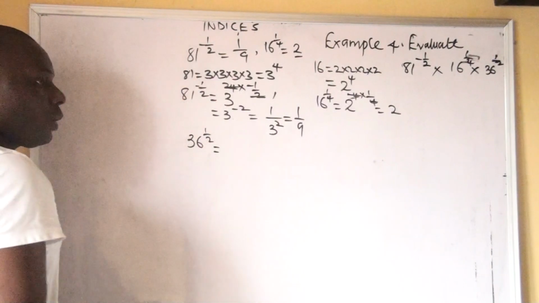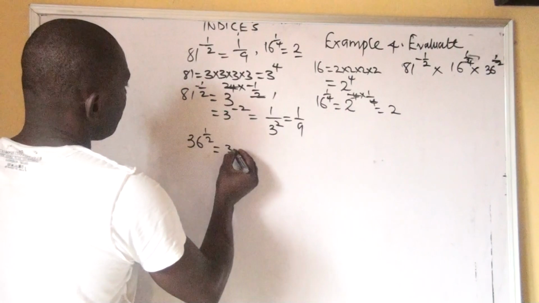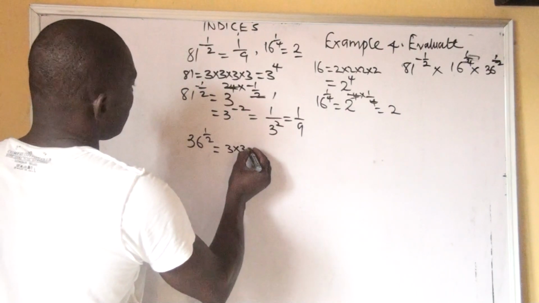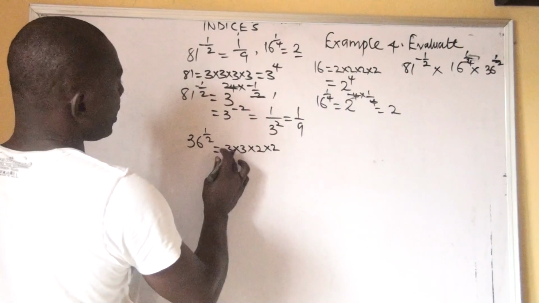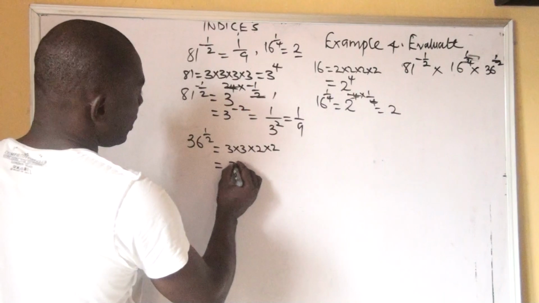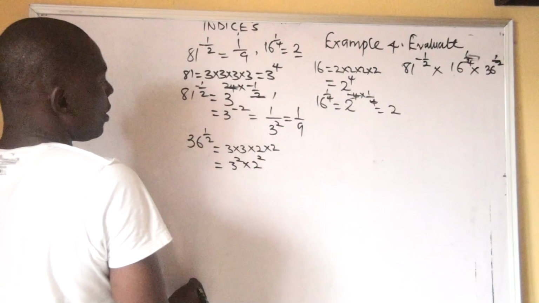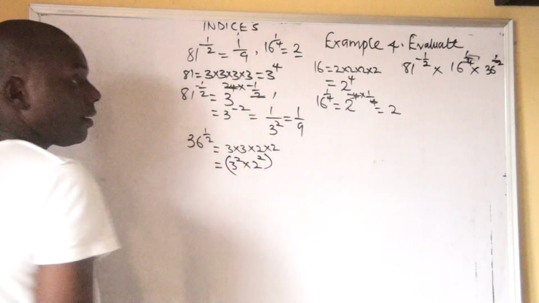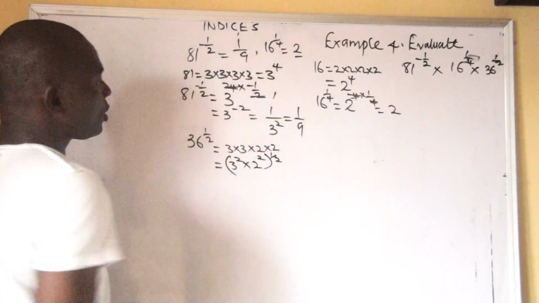And our 36, we can express it as 3 times 3 times 2 times 2. So here we can say it's 3 square times 2 square. And here we can say raised to power half.